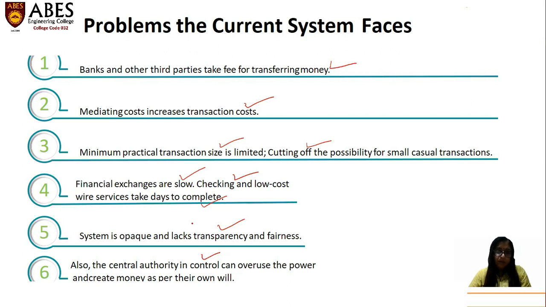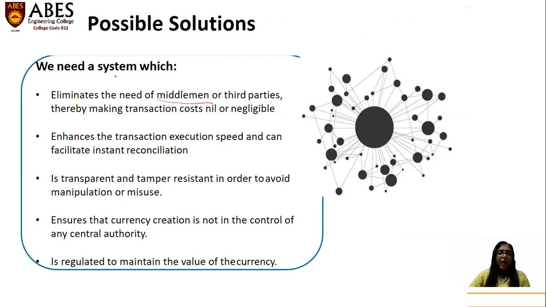So this is where blockchain comes into the picture. We require a system that has no middleman or third party, thereby making transaction cost nil or zero, right? It should enhance transaction execution speed and facilitate reconciliations.